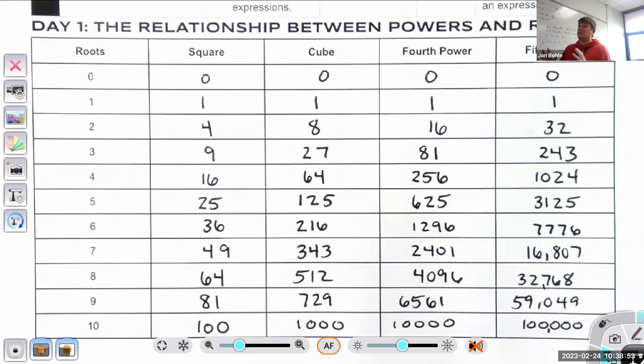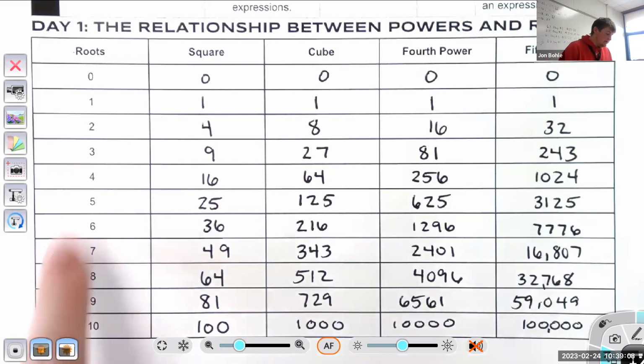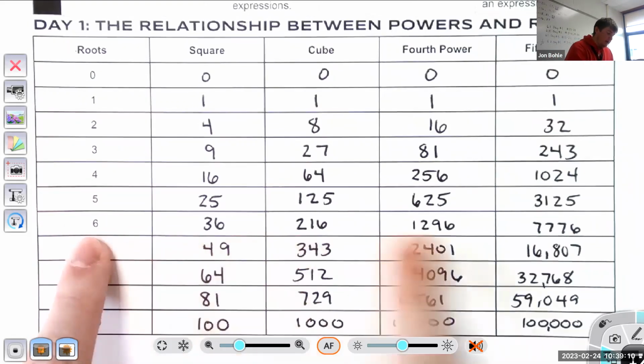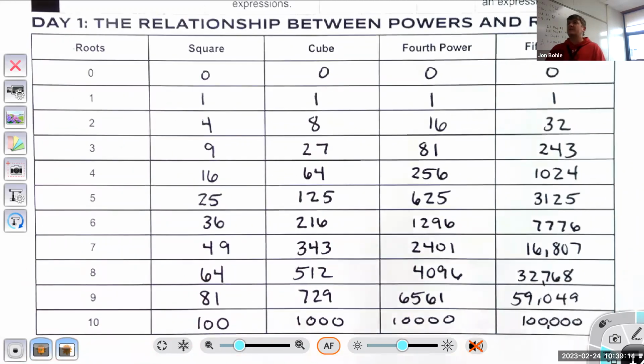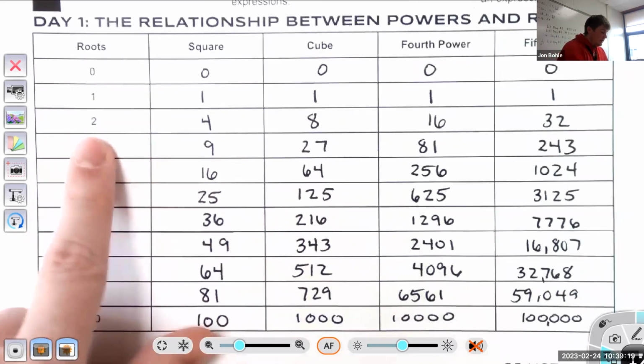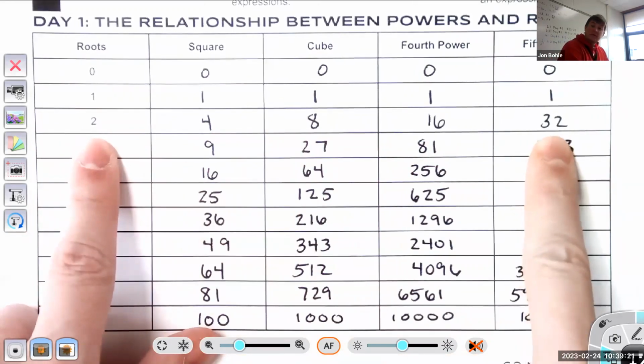So we're going to use this a lot. If I ask for 6 to the 4th power, what number is 6 to the 4th power? 6, here's my root to the 4th power, 1,296. If I ask for 2 to the 5th power, here's 2 to the 5th power, 32.